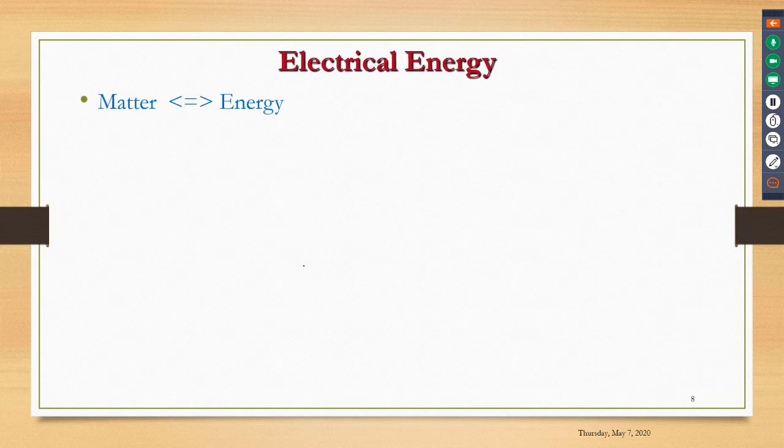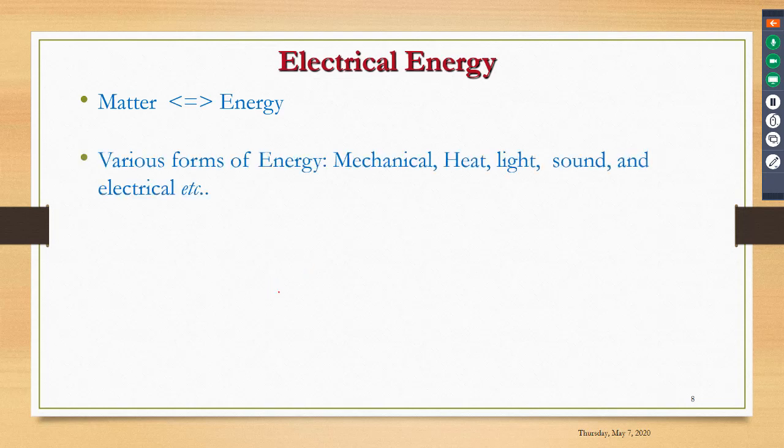So we know matter and energy are interconvertible, and there are various forms of energy available, right? We can see mechanical, heat energy, light energy, sound energy. They are in fact very essential as part of our life. And out of these energies, electrical energy is very important, because it is very easily interconvertible to mechanical energy, to heat energy, to light energy, to sound energy.